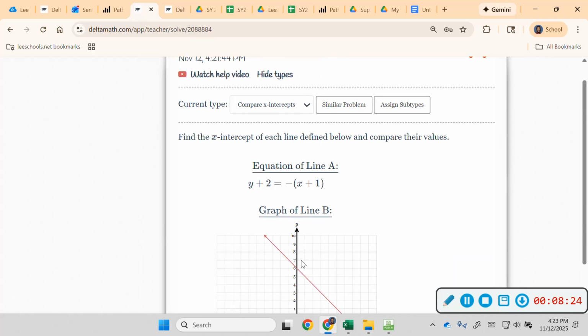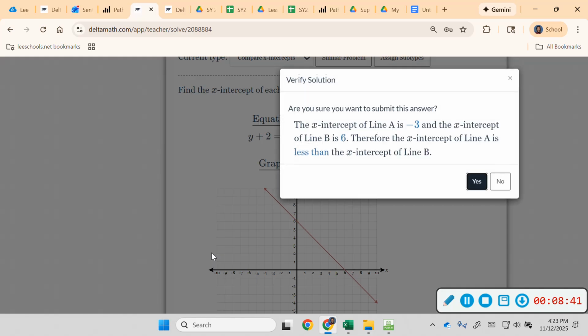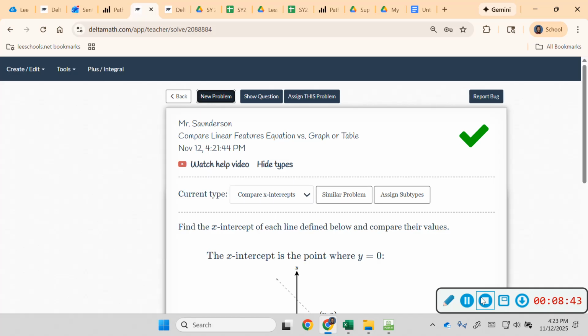I got negative 3. Oh, 6 is bigger, sorry. So it'd be less than. Okay, so again, guys, just like that.